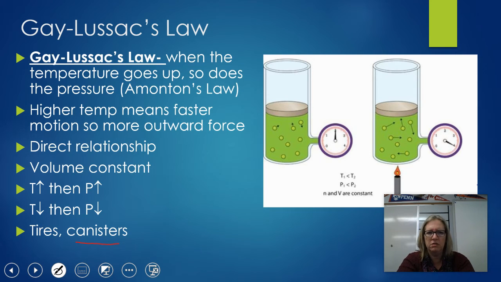Something very rigid, okay? This is why it's not safe to put these sealed canisters in a fire, because you're going to increase the temperature, which will increase the pressure, and they'll eventually blow up and can be very dangerous, okay? If something's left out in the cold, the pressure will decrease. The opposite is also true.